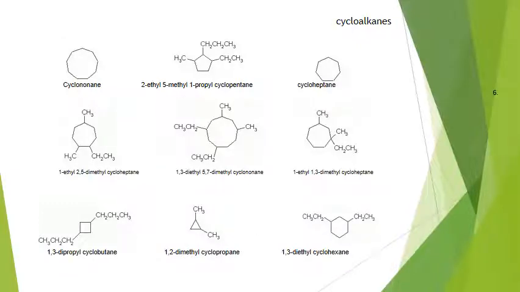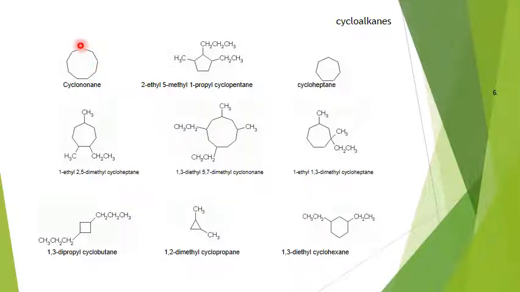All right, cycloalkanes. We draw these geometric structures to represent hydrocarbons. At each point there's a carbon, and each carbon has 4 bonds. So all cycloalkanes have twice as many hydrogens as they do carbons.